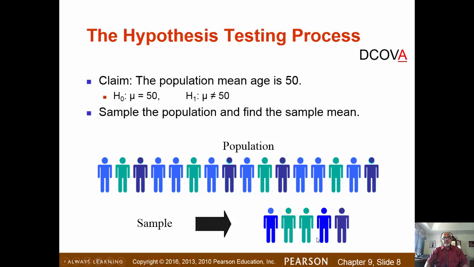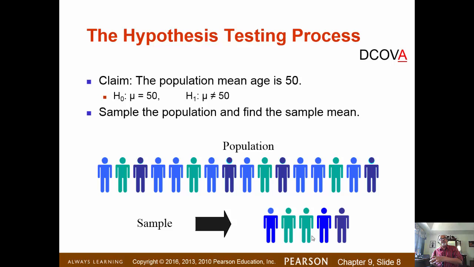But if the sample turns out to be such that you can reject it, for example, if the sample mean turns out to be like 25, then you see the sample mean is so small compared to the claim that is being made, you can say, I'm going to reject that claim.